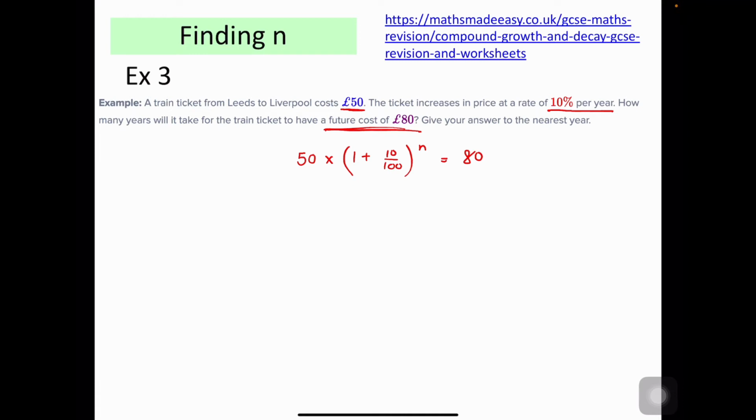And so we want to know what n value would help us get the cost from 50 to 80. Well, what you have to do here is substitute different n values into here and then see what different results you get.